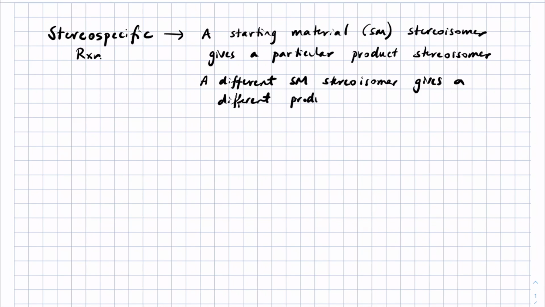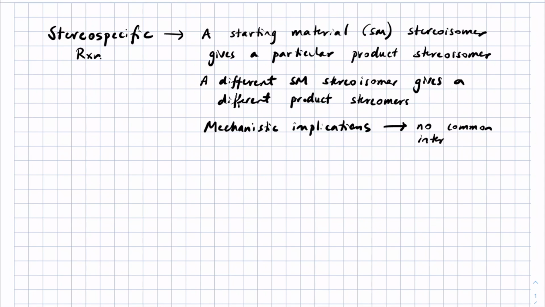And I'll show you some examples of this, but usually this occurs because of specific mechanistic details or implications. For example, one of the key mechanistic implications is that if two different diastereomers go through the same reaction and give different diastereomer products, there can be no common intermediate between those two diastereomers.